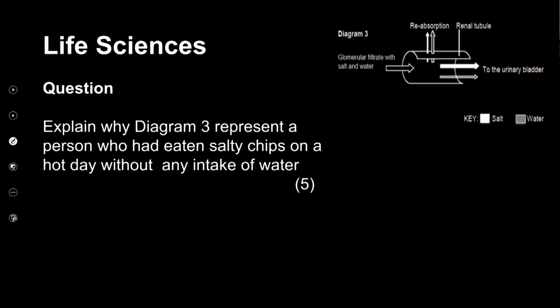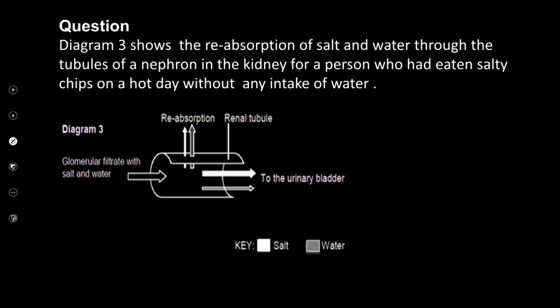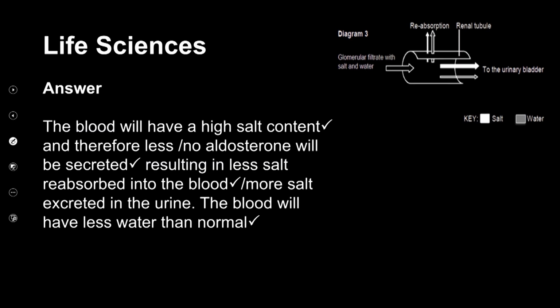So the next question says explain. This is a key word. Why diagram number 3, the answer that you gave. For the question that says explain, there must be a cause and effect for answering that question. So we're looking at this diagram number 3 that we explained, and we're looking at the answer now.